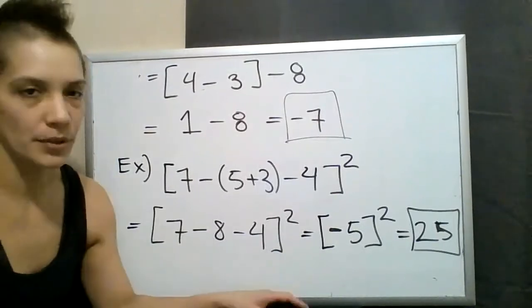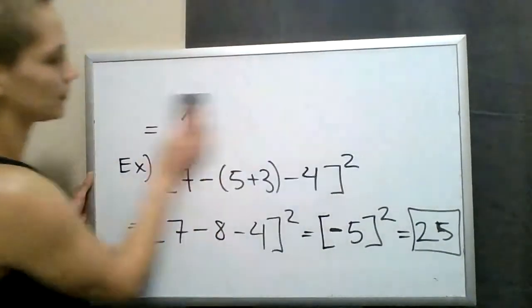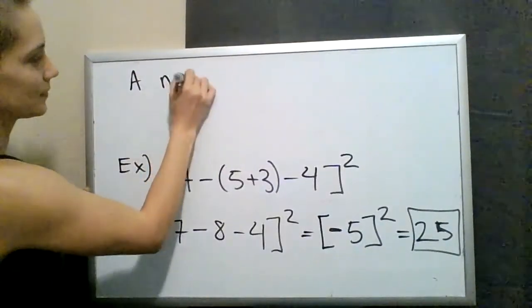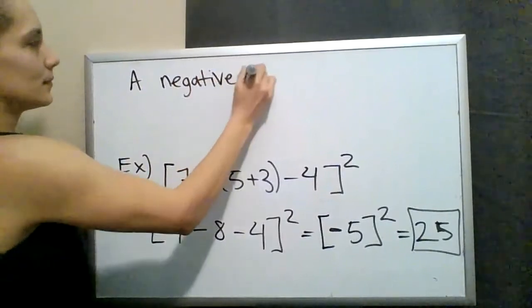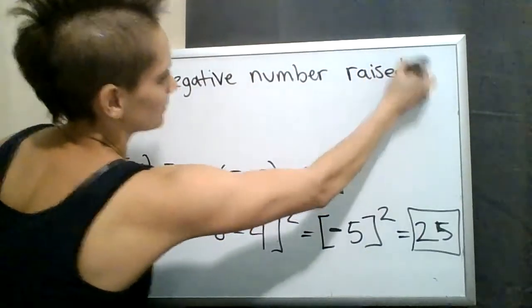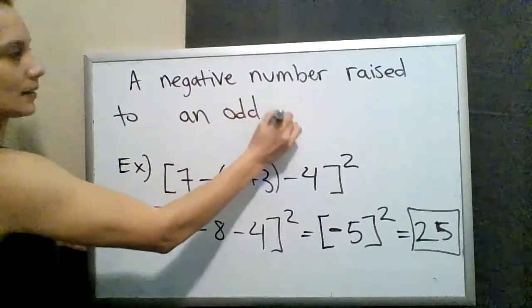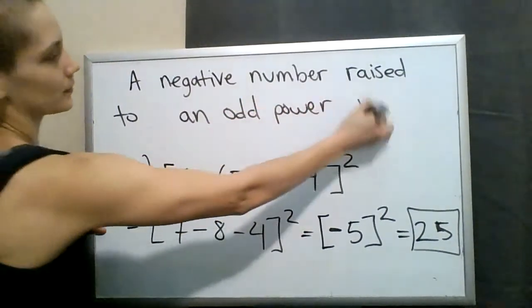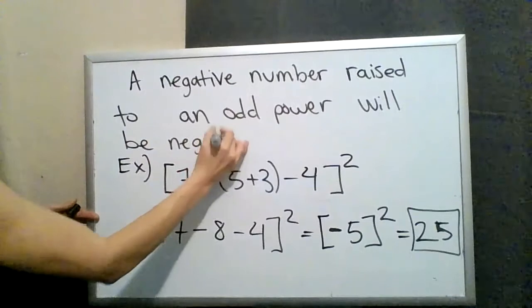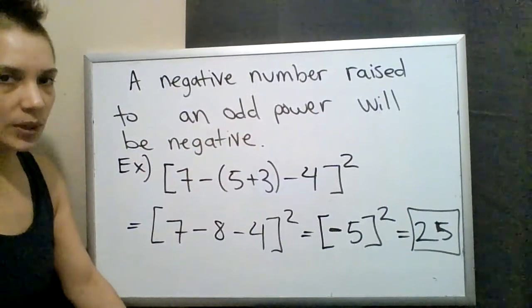If you put a negative number to an odd power, it will still be negative. An easy one would be -1.